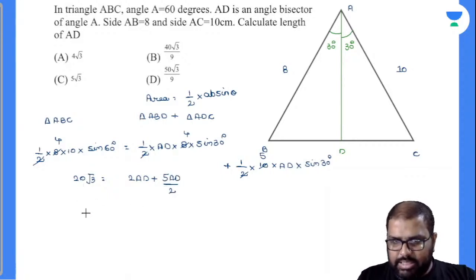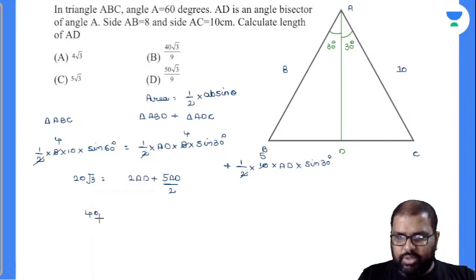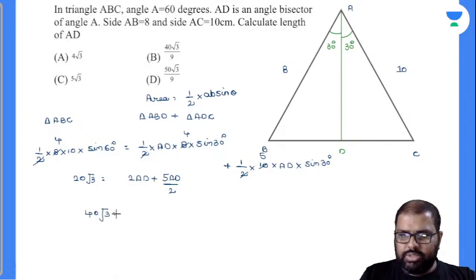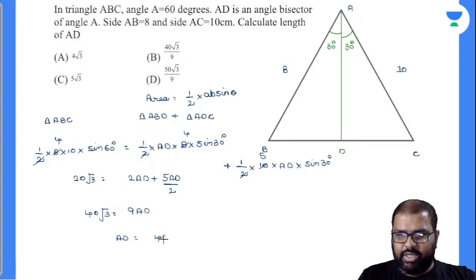Automatically this will go to that side, which becomes 40 root 3 equals 9 AD. Right or wrong? So my AD value is 40 root 3 by 9.